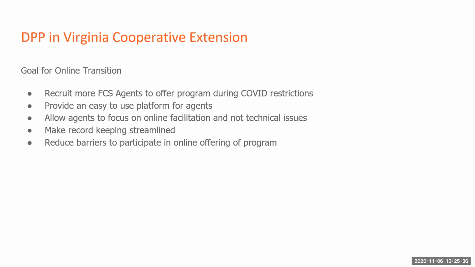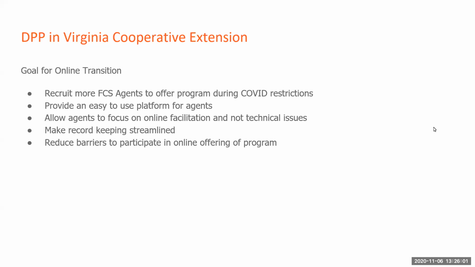I'm going to present more of a technical approach to what we're doing, and Carlin and Kim can add in some of the more details, but I want to just share the system that we've built, which is a little bit more comprehensive. One of our goals was we really want to get more agents offering the program, and we wanted to make it as simple as possible for them.